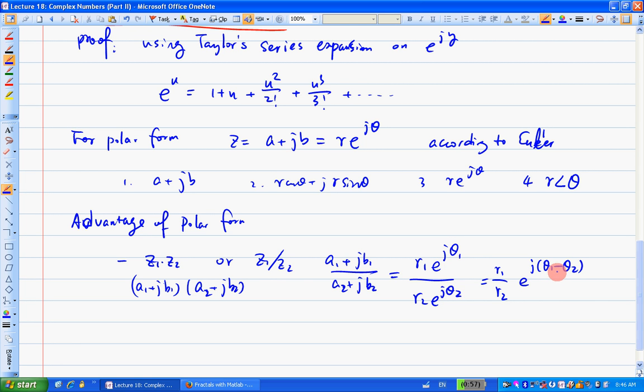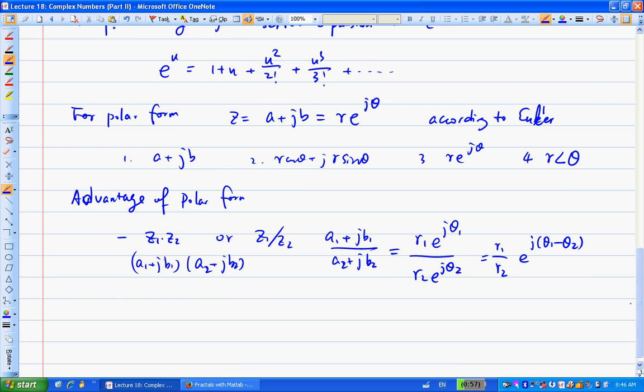I guess you would prefer subtraction and addition over multiplication and division. So that's basically the advantage here: this is subtraction, and over here is multiplication or division.